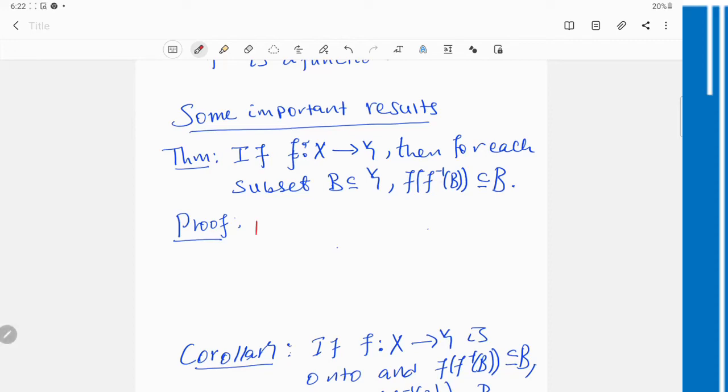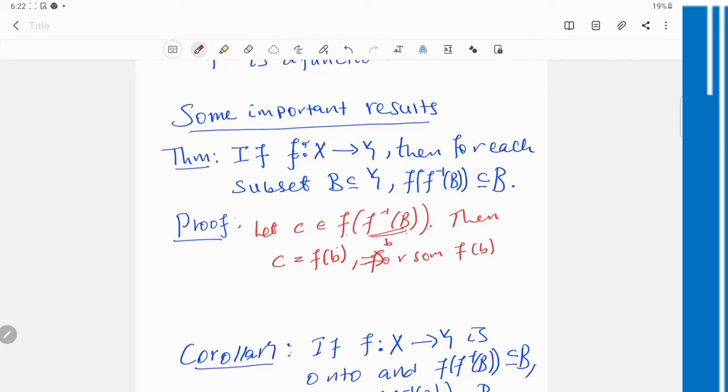So what does it mean? Now let c be an element of f(f inverse(B)). Then c is equal to f of something, so let's say c = f(b), for some b in f inverse of B, which means f(b) is in B. So we are done.